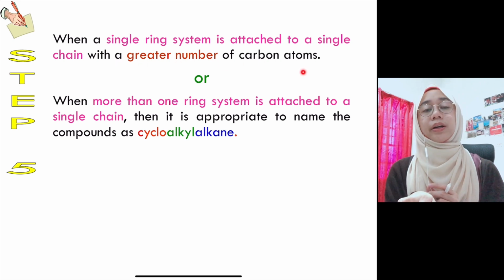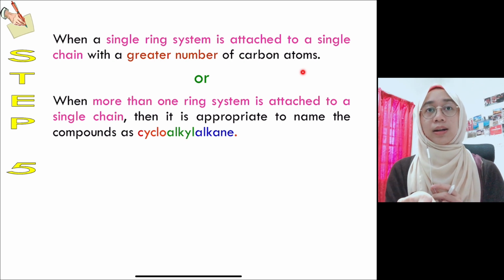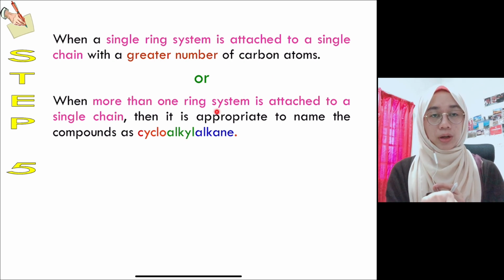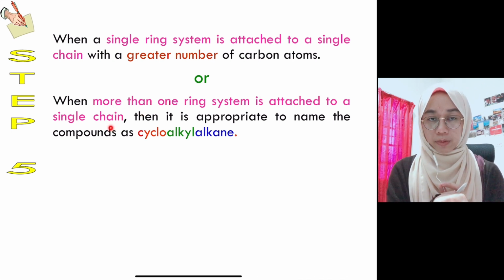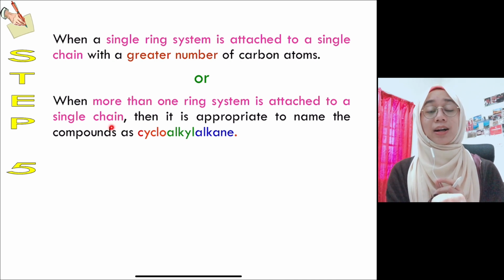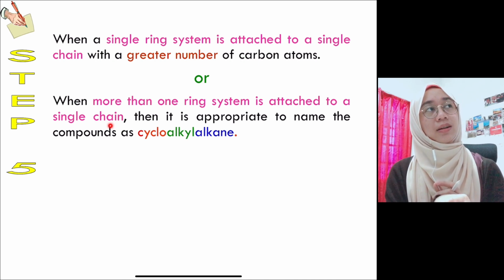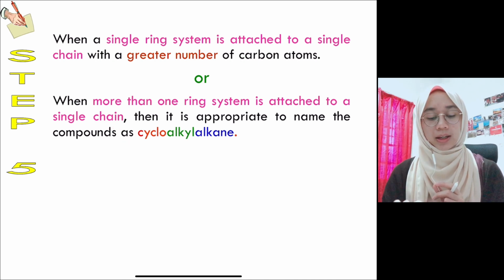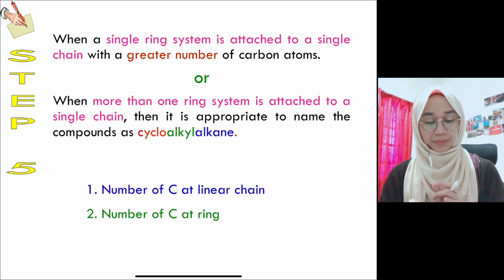Therefore the ring will become the substituent. Or another situation is when there is more than one ring system attached to a single chain. That means there are at least 2 rings, therefore the rings will become the substituent.